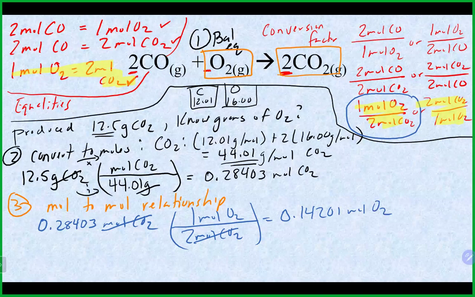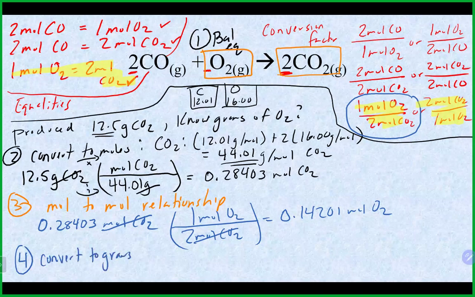Now, if I wanted my answer in moles, I would be done. I could get the right sig figs and put a box around it, and I would be done. But I'm not interested in moles. I am interested in grams, which means I do need to do the 4th step, which is convert to grams.